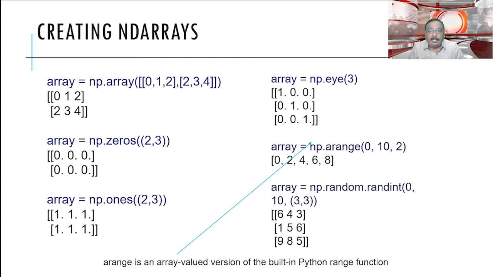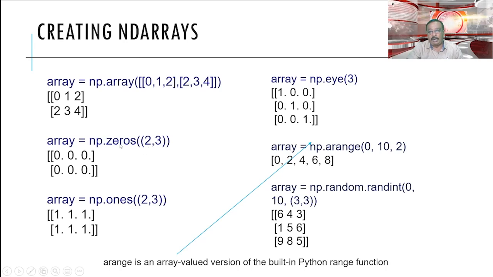We can create ndarrays in many ways. Here are some examples of how we can create n-dimensional arrays. As in the previous example, you can specify the list here, and using np.array you can convert it into an array. This is going to be a 2-dimensional array. There are many other functions available. The np.zeros function will create the given dimension filled with zeros.